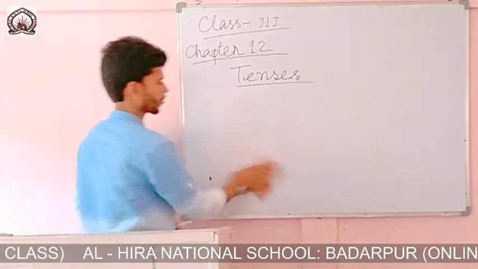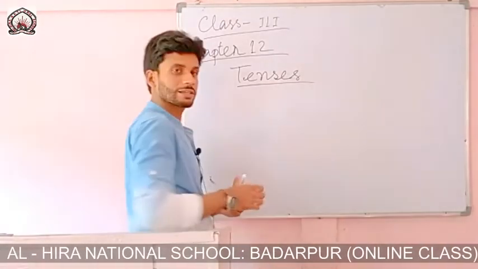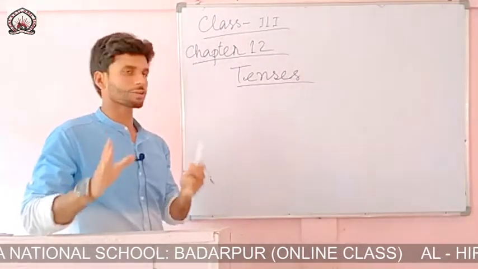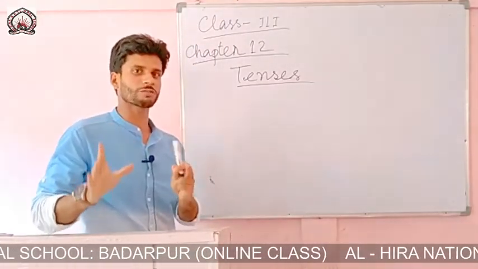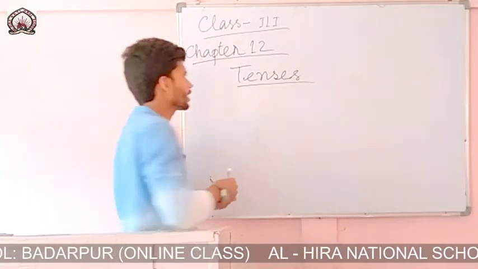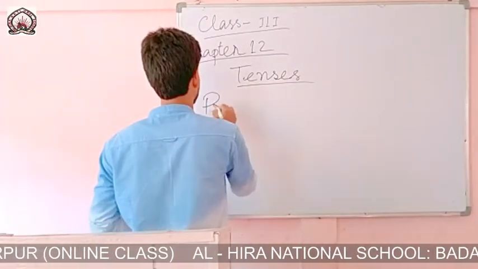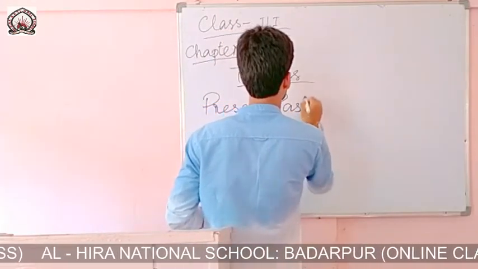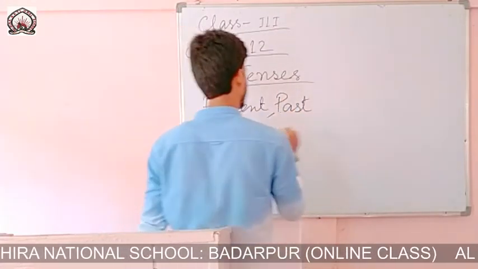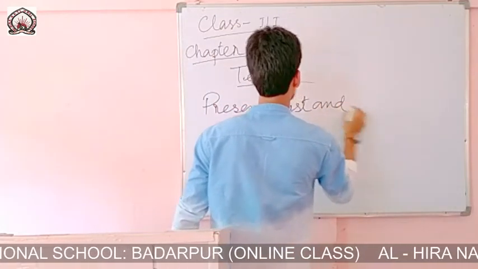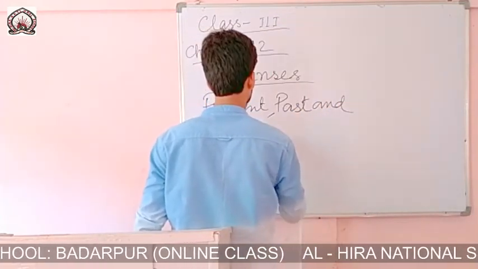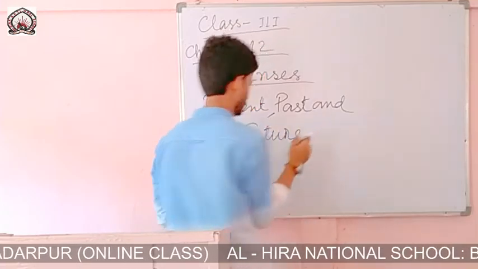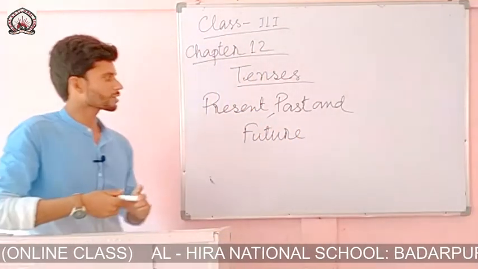So I am writing the three kinds or types of tenses. There are three kinds of tenses, and these are present, past, and future. Present, past, and future.